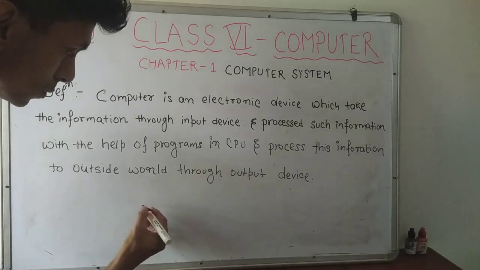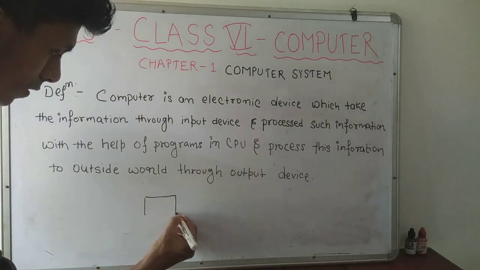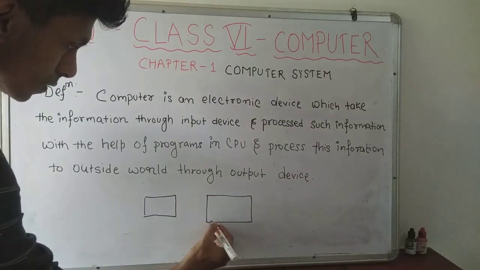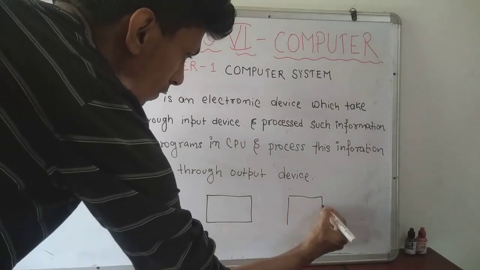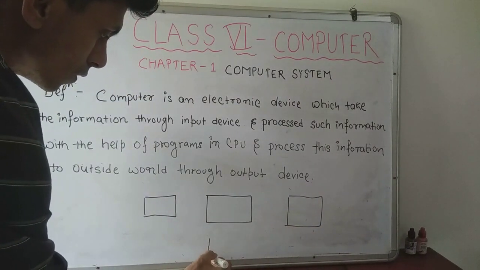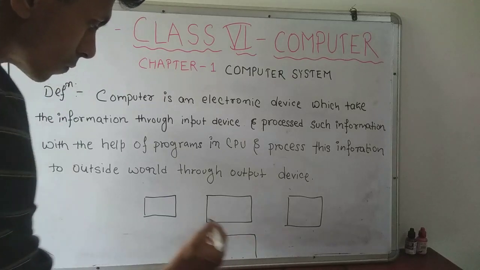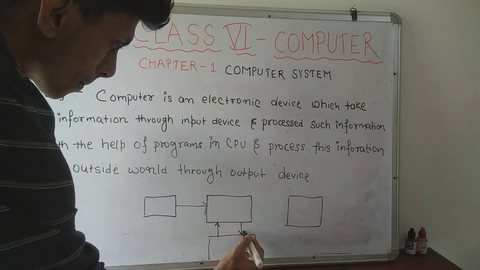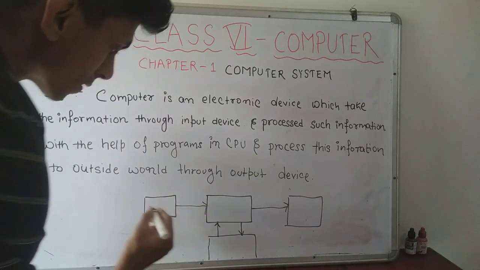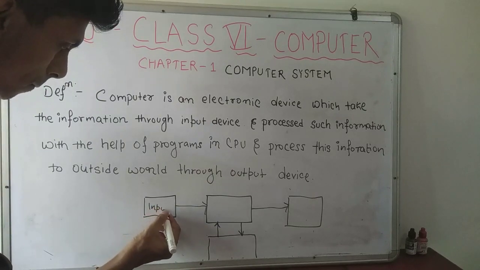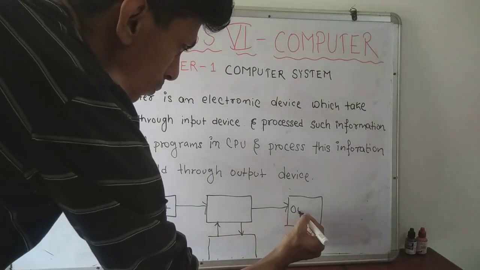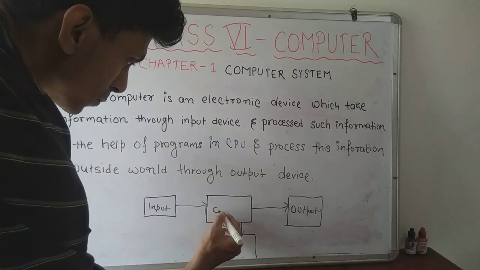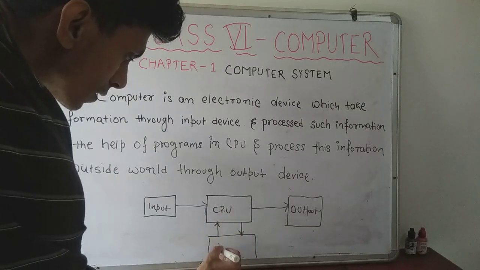The block diagram of computer is: this is input, this is output, this is CPU and this is memory.